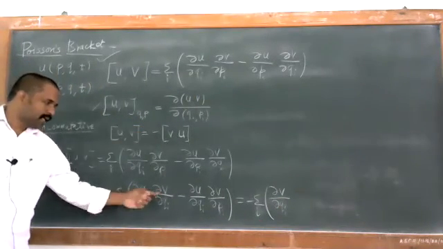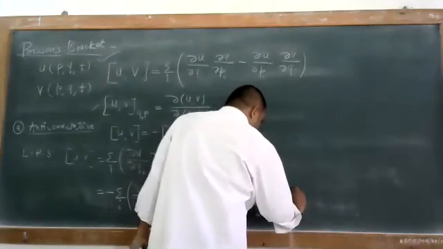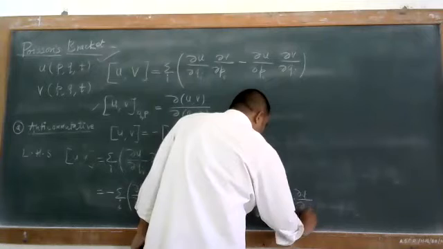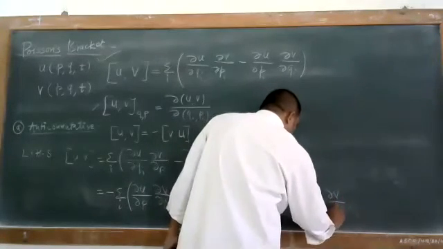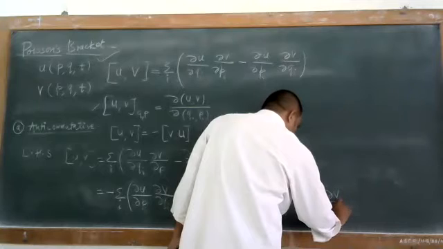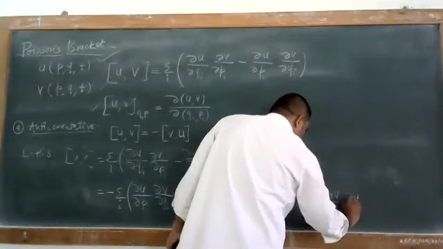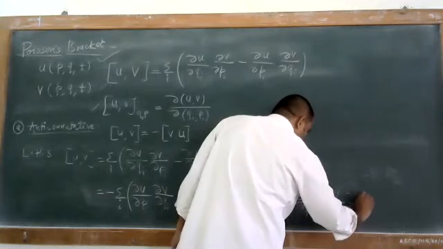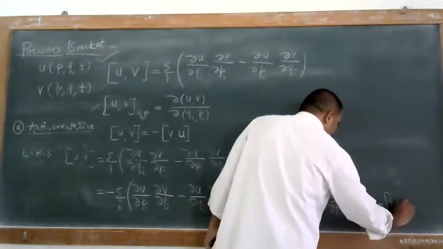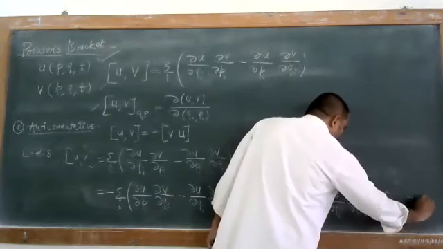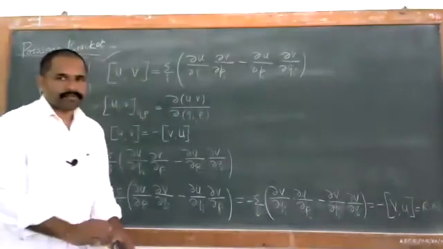So I'll just write ∂v/∂qi first into ∂u/∂pi, minus ∂v/∂pi into ∂u/∂qi. And what is this? This is nothing but minus the Poisson bracket of v, u, and that is your RHS.